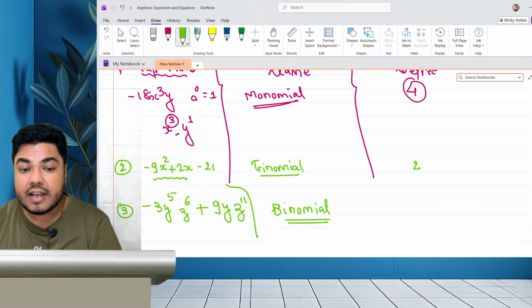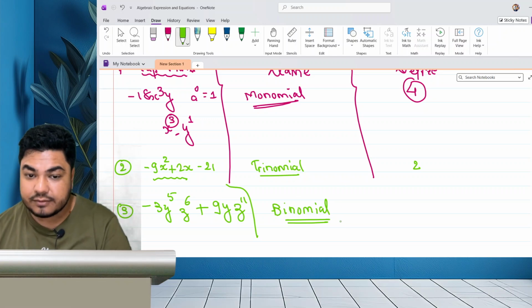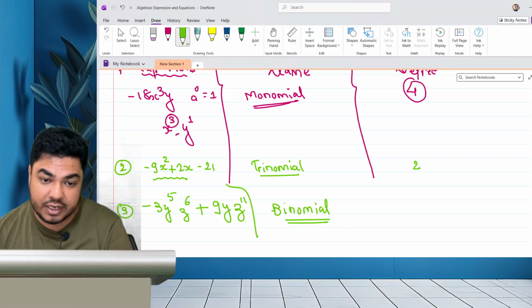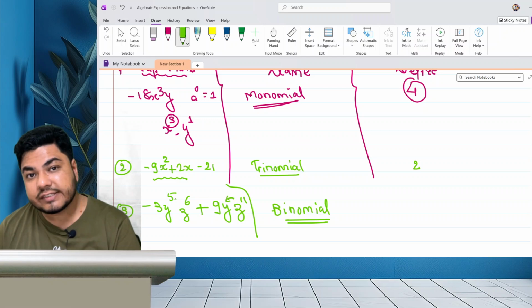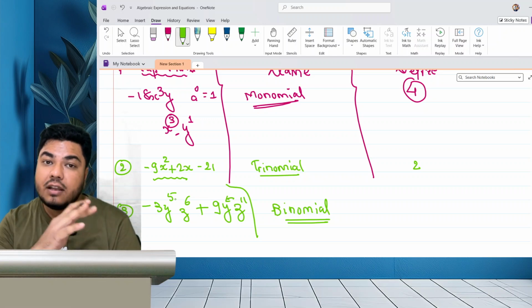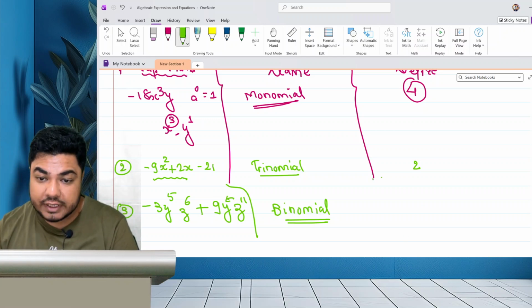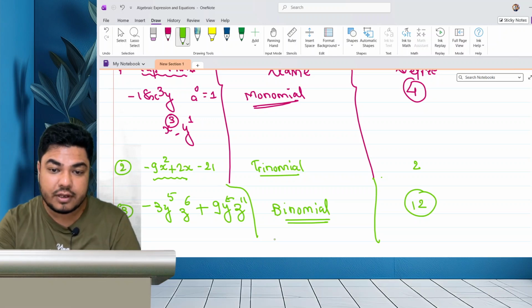But if I have to talk about the degree, which term has the highest power? Here, 11 plus 1 will become 12. Over here, 5 plus 6 is going to become 11. So the first term is having 11 as a power and the second term is having 12. So the entire degree of the given expression is 12, right?